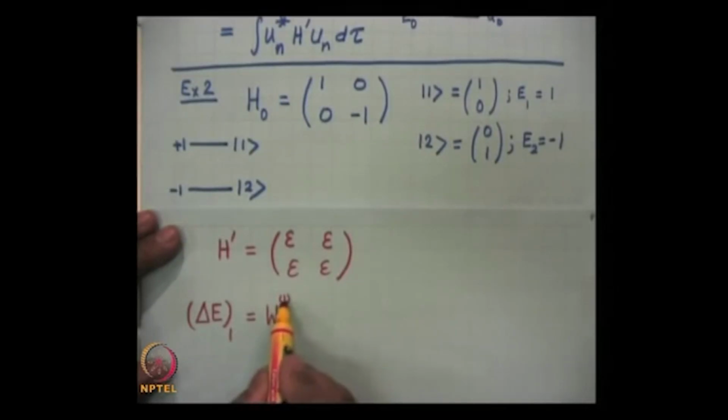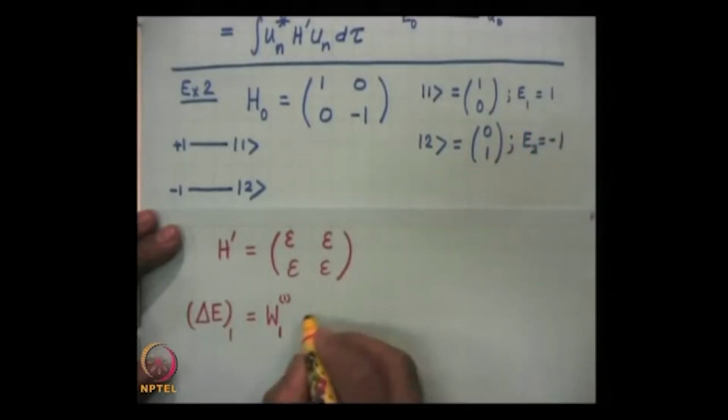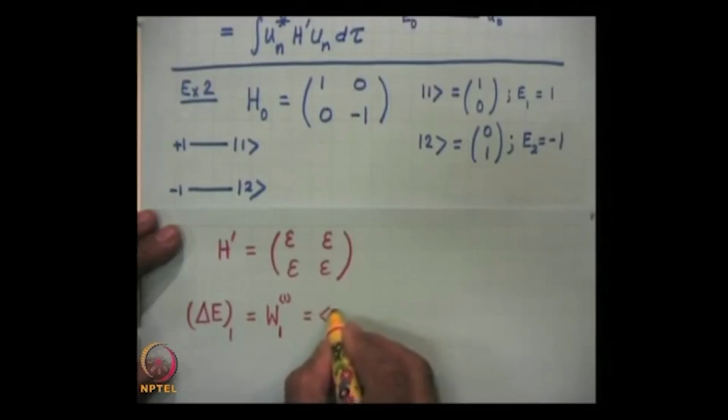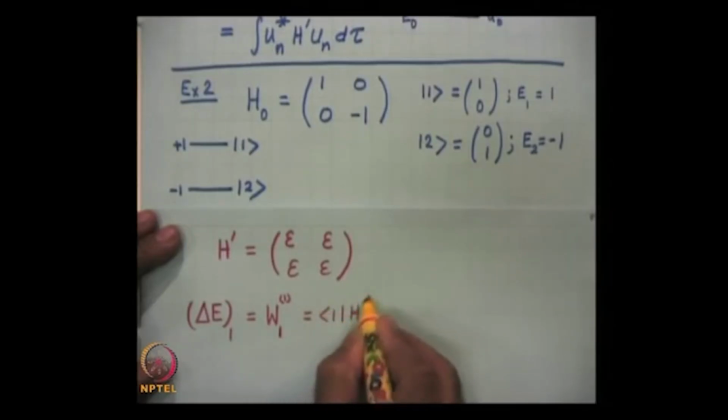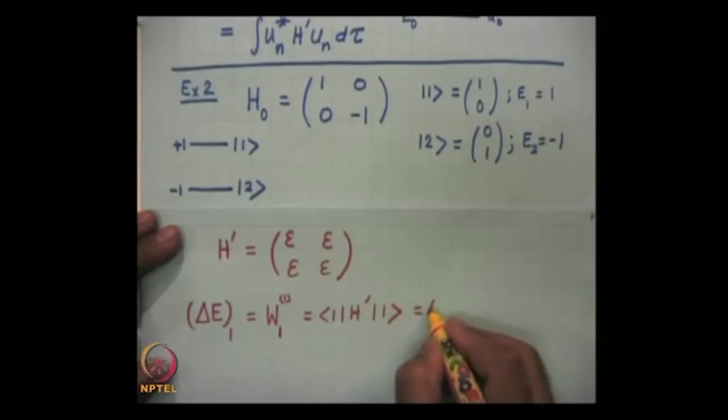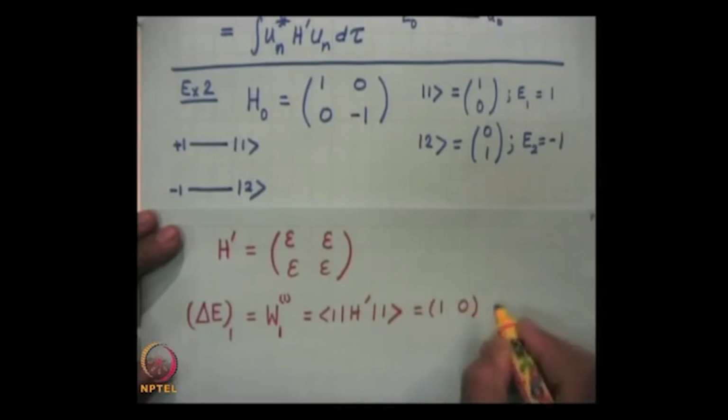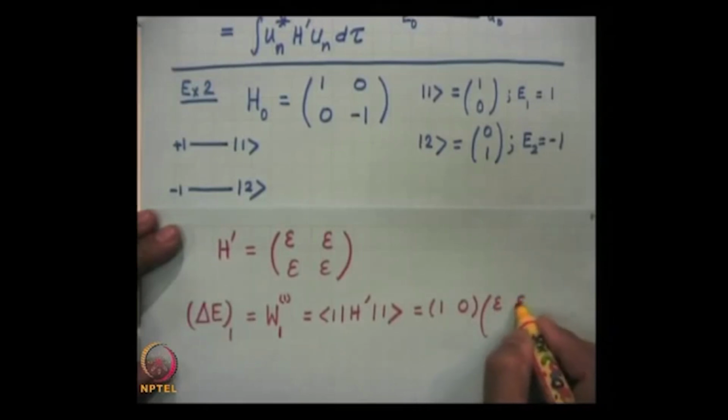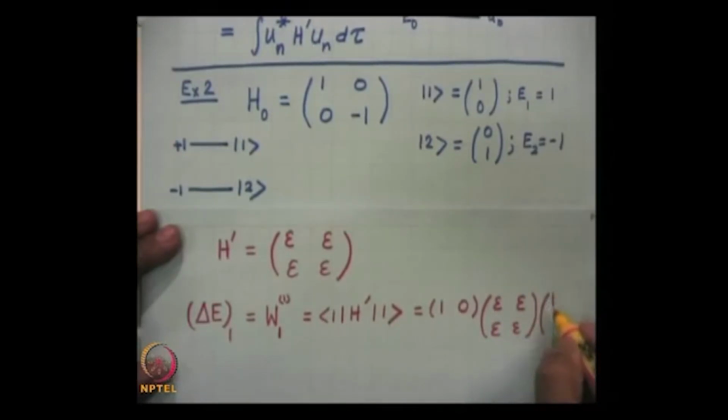The superscript 1 represents that this is the first order perturbation. The subscript means that it is the first state. So, this will be bra 1 H prime ket 1, and so if I do this, 1 0 times epsilon epsilon epsilon epsilon times 1 0. So, if you multiply this out, you will get epsilon.